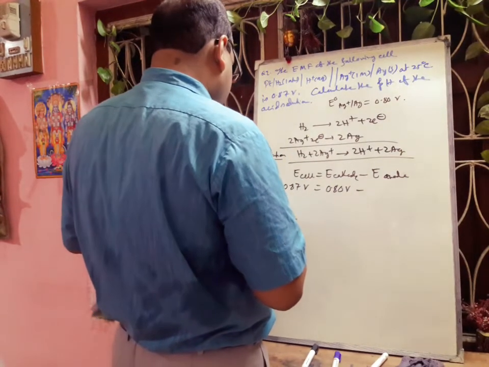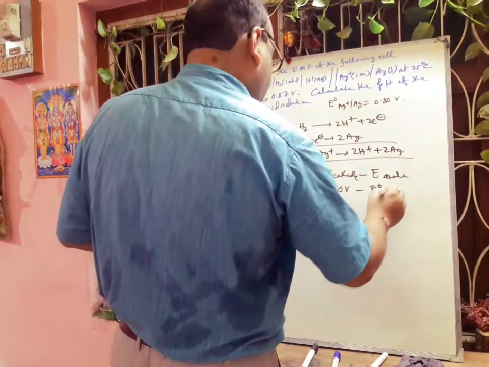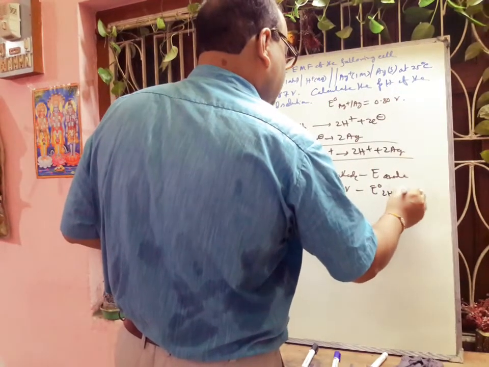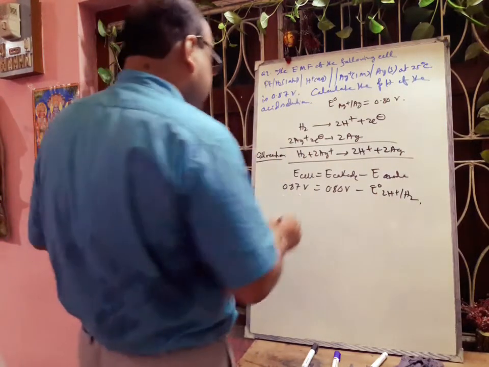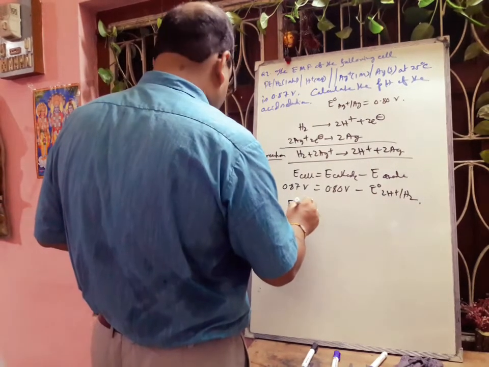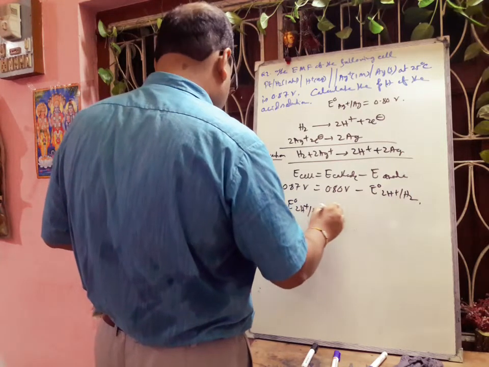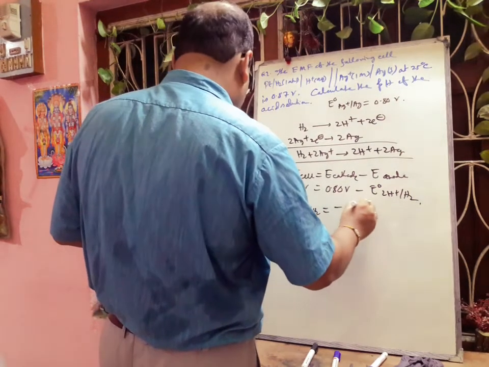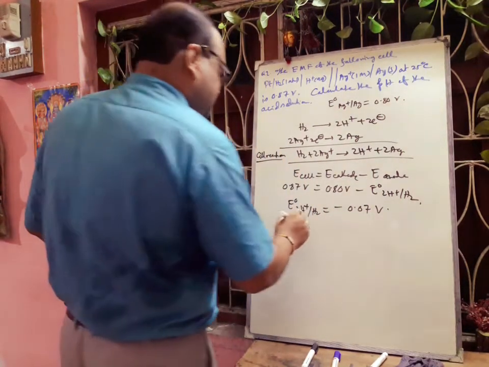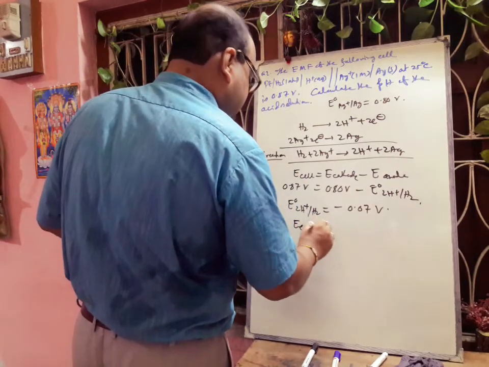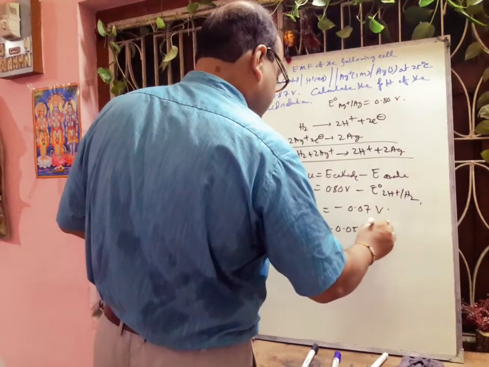So we write E0 of 2H+/H2. From here we can easily calculate E0 of 2H+/H2, which will be minus 0.07 volt. Now we know, as just discussed, that E electrode is equal to minus 0.0591 pH.